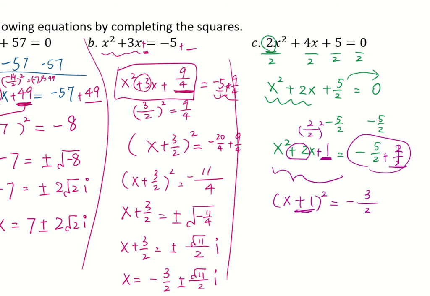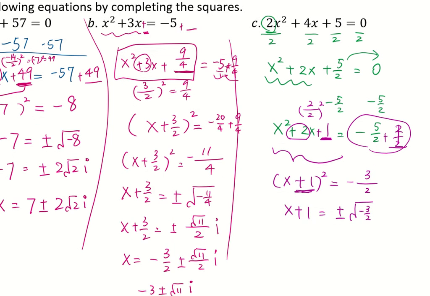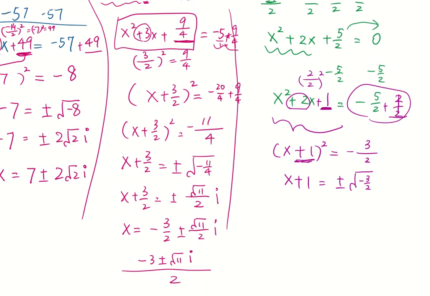Okay, square root property, x plus 1 equals plus or minus square root of negative 3 over 2. So let's focus on simplifying. So that's x plus 1 equals plus or minus. First of all, I know there must be an i here because it's square root of a negative number.